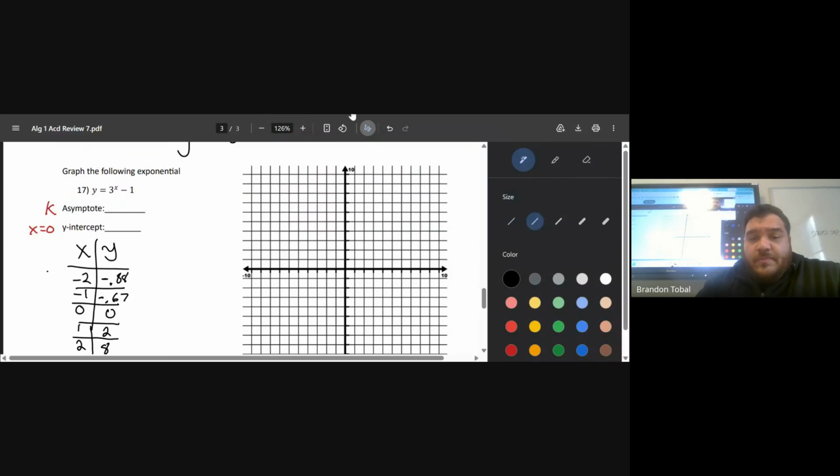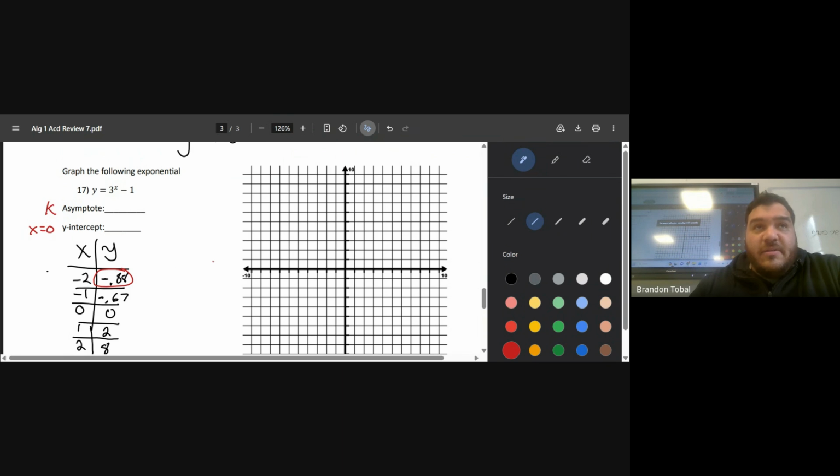What we're going to do is plug this in. So when I see -2, comma -0.88, what I'm thinking is I go 2 to the left because that's -2. -0.88 should be in between -1 and 0. So I'm going to put a dot right here.